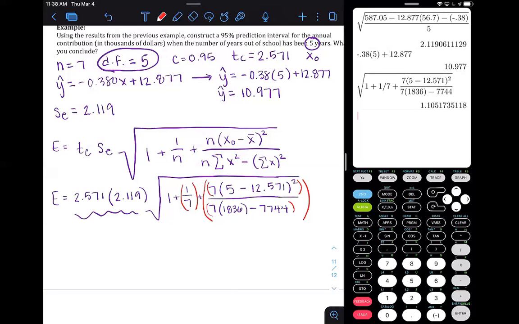And then once you get that radical, multiply your answer by your critical value and your standard error. Again, round to 3 decimal places. So our value of E should equal 6.021.